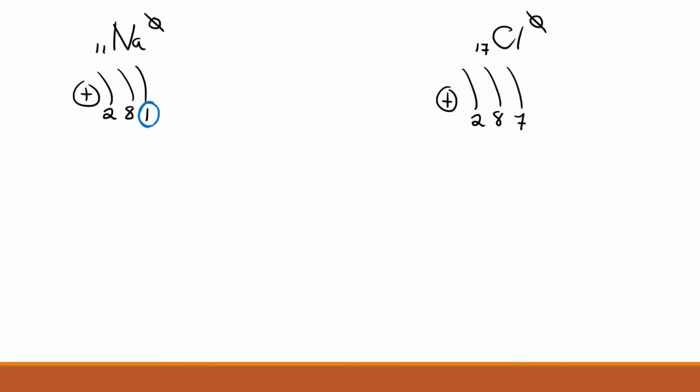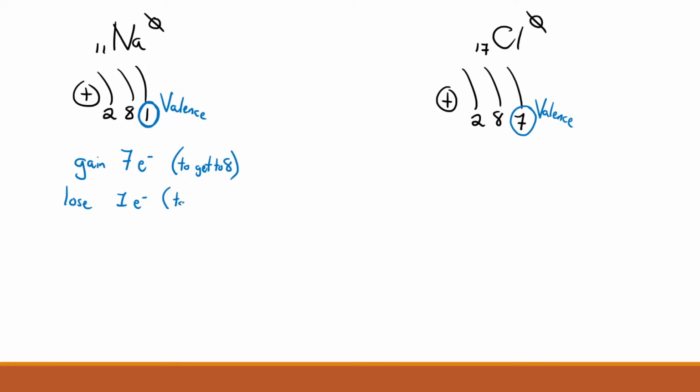Sodium has 1 valence electron, and chlorine has 7 valence electrons. In order to get to 8 or 0, it has 2 choices. Sodium can gain 7 electrons to get to 8, or it can lose 1 electron to get to 0.